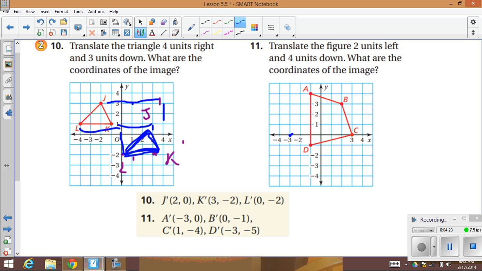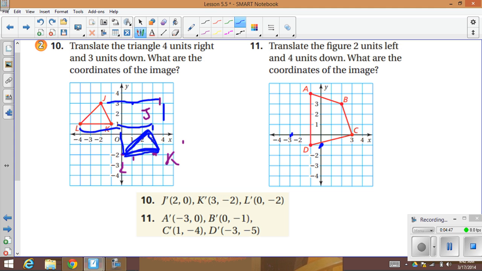So B prime is going to be at 0, -1, right there.